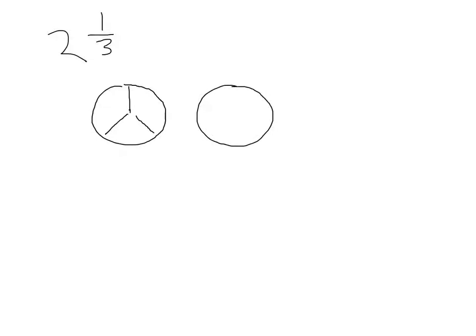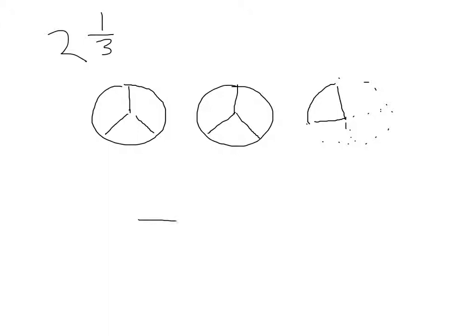And there's another whole pizza, also divided up into thirds. And then we have another pizza, but we only have 1/3 left, and the other 2 imaginary thirds have been eaten already.